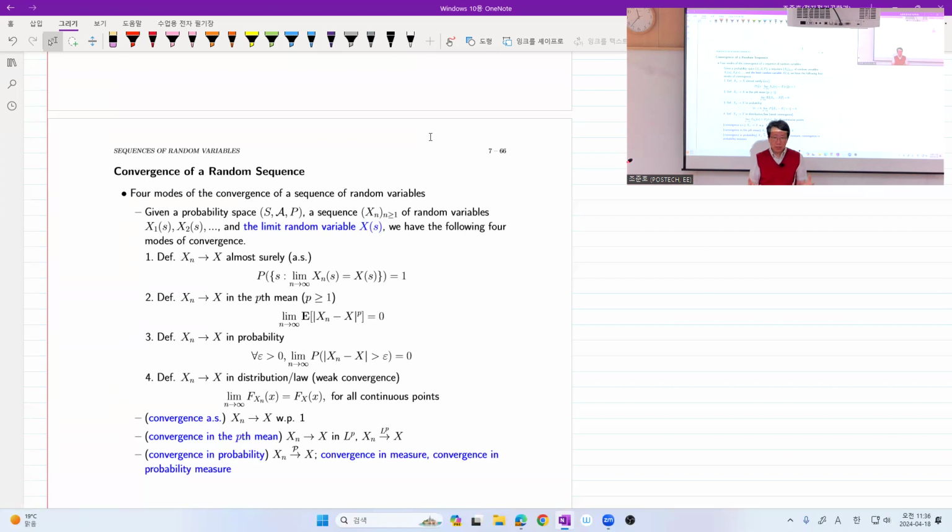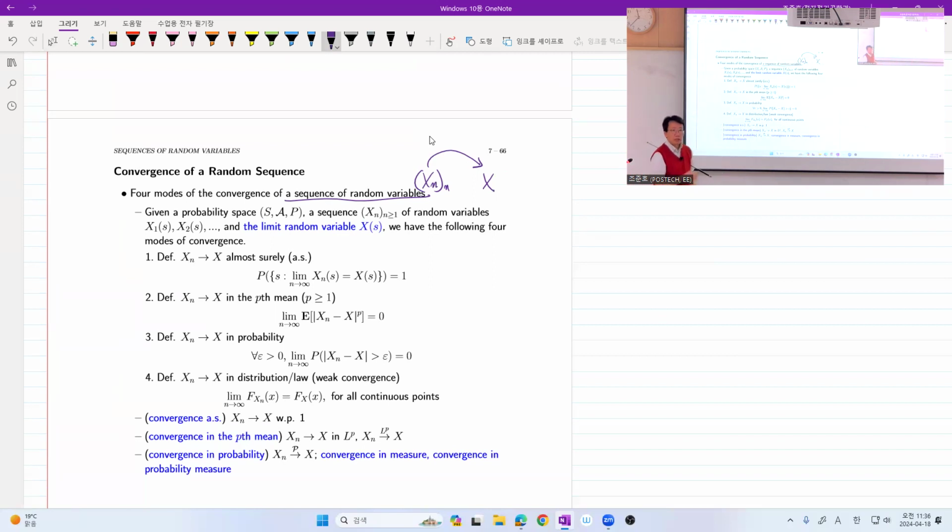So we are interested in the case where, given a sequence of random variables, its limit is a random variable or not. So we have a sequence of random variables X sub n, and we have a random variable X. And we check whether this sequence converges to the random variable. Got it? Since they are all functions, we can immediately use those definitions we introduced.